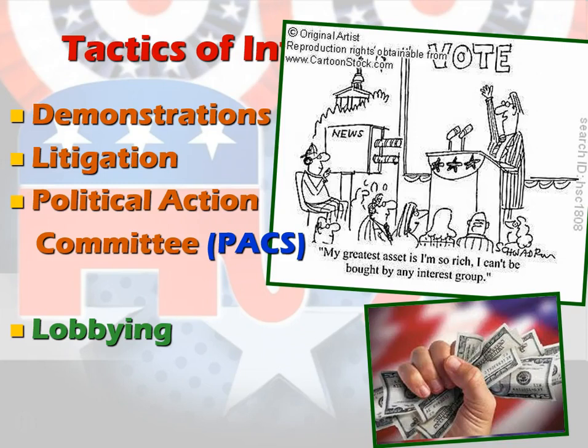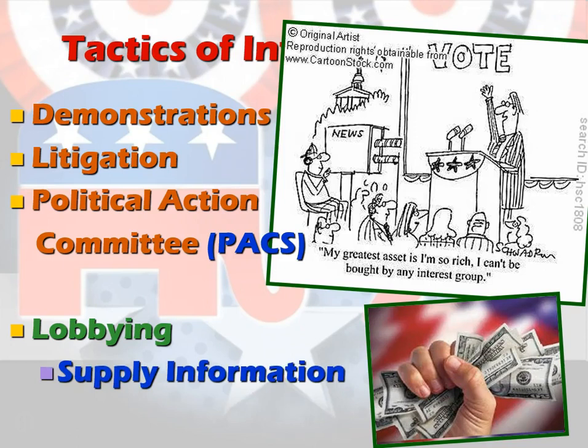And then probably one of the most important things that interest groups do, they are lobbyists. They go to the members of Congress and they supply them with information. If you want to think about a member of Congress, members of Congress have to deal with literally thousands of different things on a daily basis. And let's be honest, the member of Congress can't be an expert on everything.